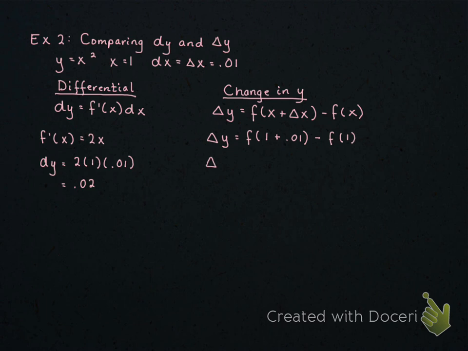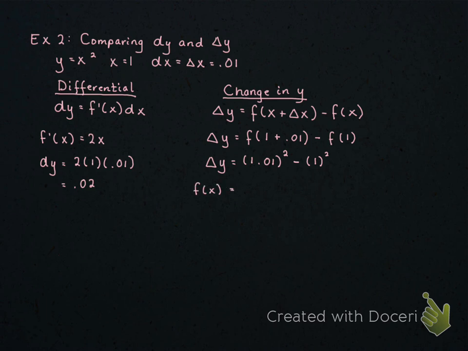So when we calculate the change in y, we are looking at f of 1.01. Well, f is x squared. So 1.01 squared minus 1 squared. So what we did was evaluate.